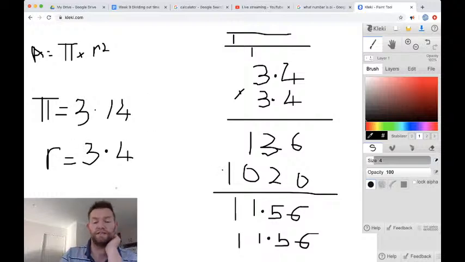And then we would simply multiply that by pi. So your next problem would be 11.56 times 3.14.